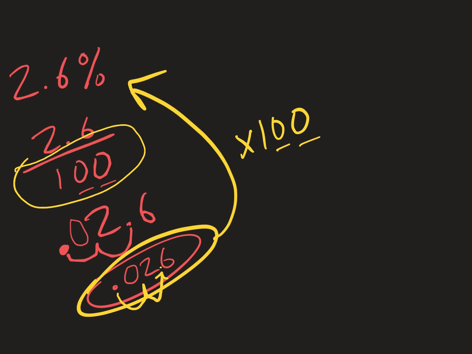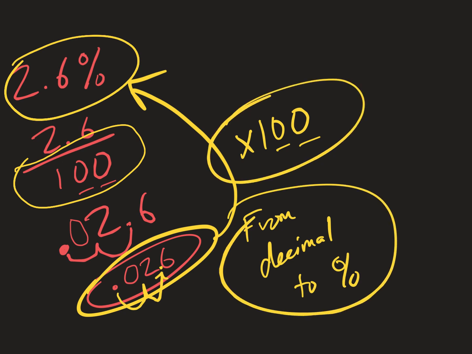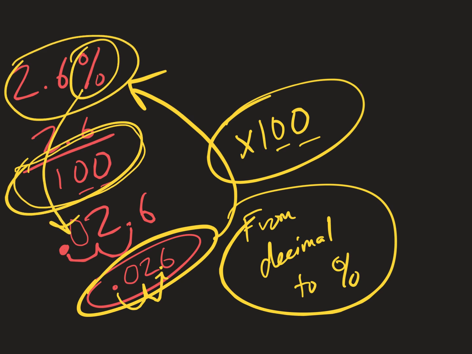And that's why I get my 2.6% from decimal to percent. And then the opposite with percent to decimal. So multiplying here, and then dividing when I'm going from a percentage to a decimal.